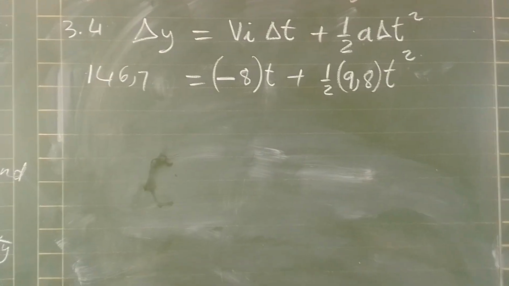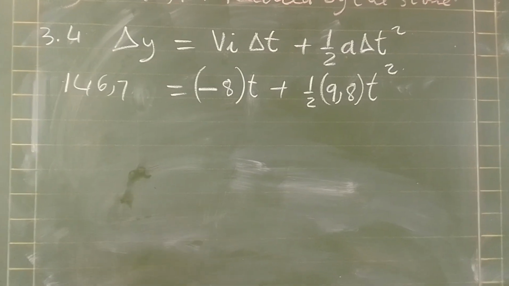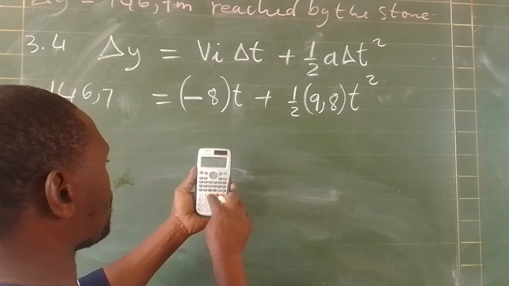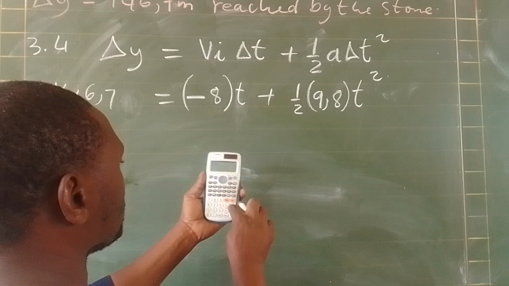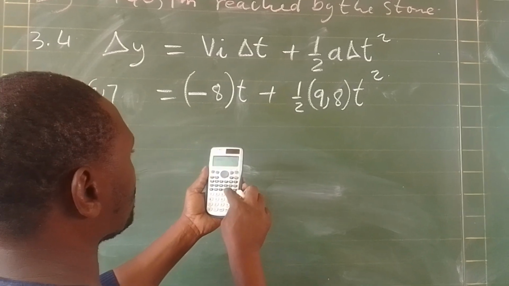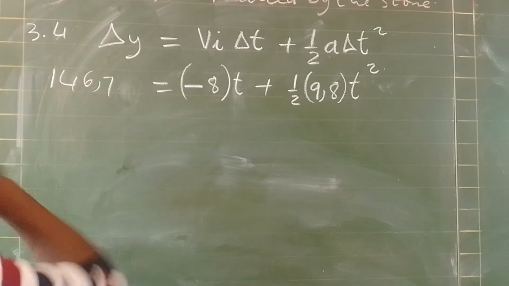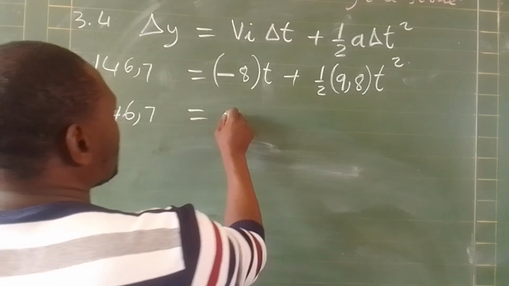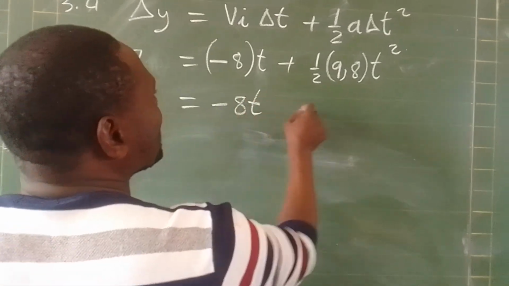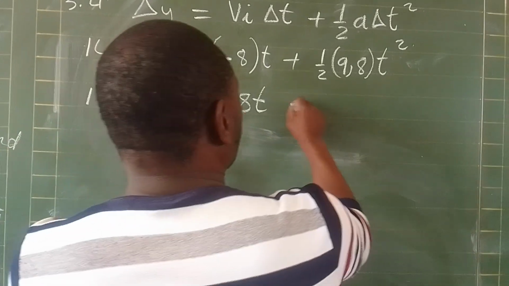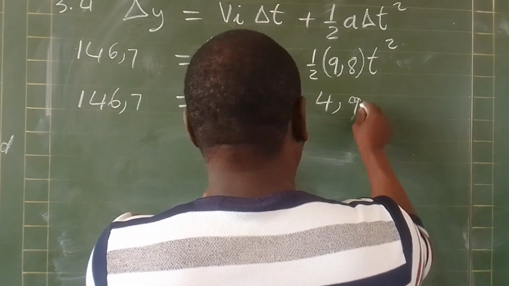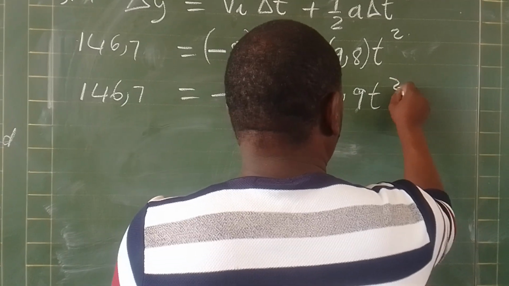Take your calculator, 9.8 divided by 2 gives 4.9. Now it's 146.7 is equal to minus 8t plus 4.9 t squared.